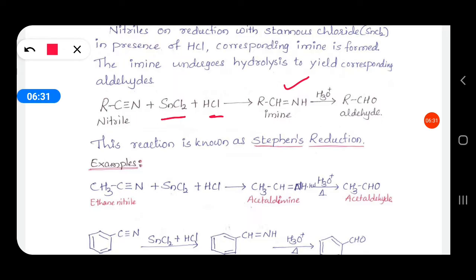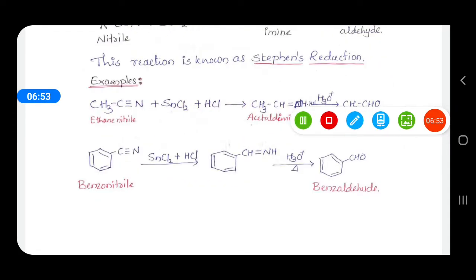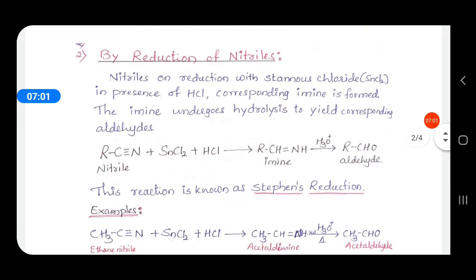One pi bond here is broken, and hydrogen is added on both sides, but here nitrogen has a triple bond N plus, so it reacts with Cl minus, so it is called imine hydrochloride. The HCl remains attached with this imine, therefore it is called imine hydrochloride, which on hydrolysis gives aldehydes.